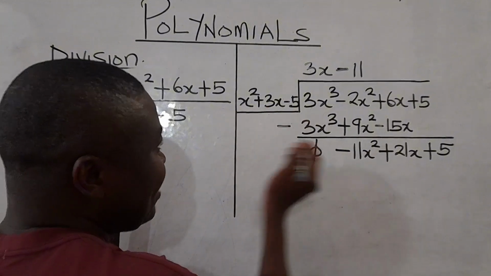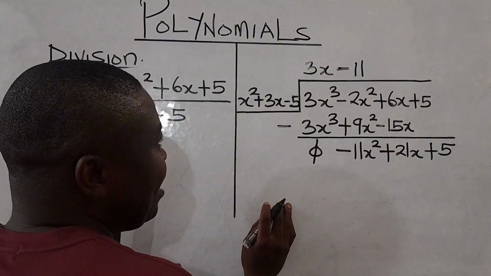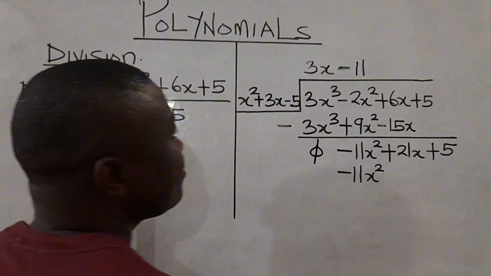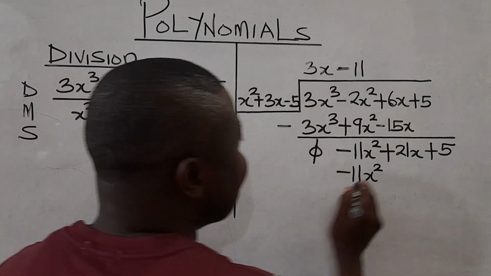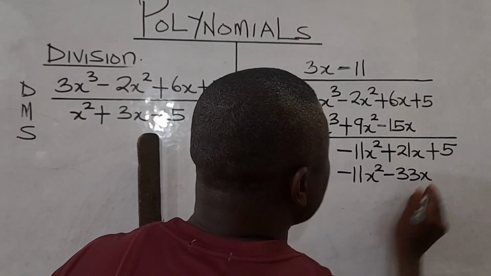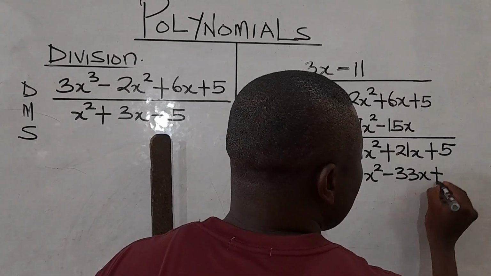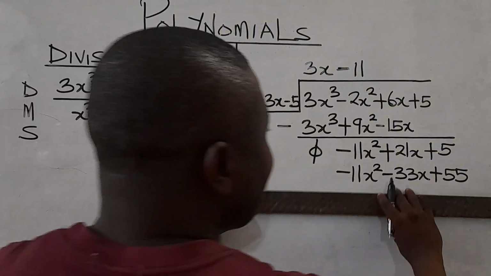We are divided. Now we are going to multiply x squared multiplied by minus 11. You have minus 11x squared. Minus 11 times 3x is minus 33x. And minus 11 times minus 5 is plus 55.